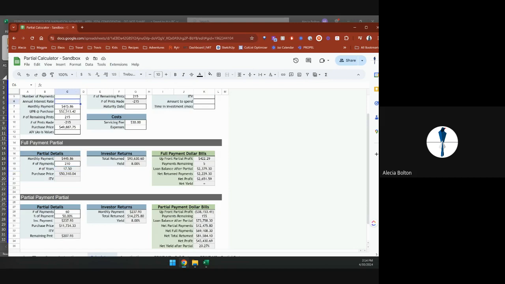But this one probably isn't great for the partial just because of how small the balance is. But I mean, $200 a month is nothing to sneeze at either. So you could use it as a split partial as well. And your yield on that is 20% if you're selling 5 years worth. Okay, thank you.